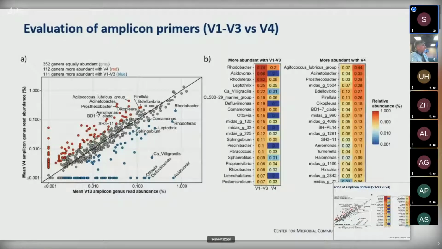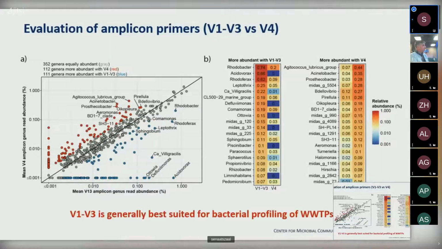And based on that, I think we can say that the V1-3 primers are generally better suited for microbial profiling of wastewater treatment plants. And it's also some of the data that we are going to use in the next couple of slides. But there are, of course, taxa which are only targeted. You can actually figure out which ones if you look into the supplementary data in our paper.